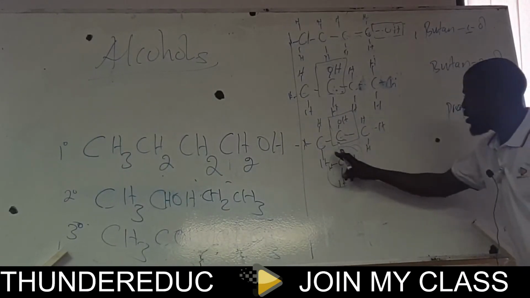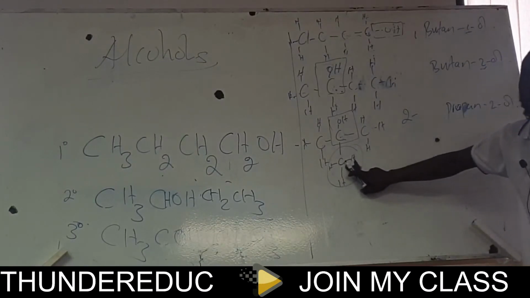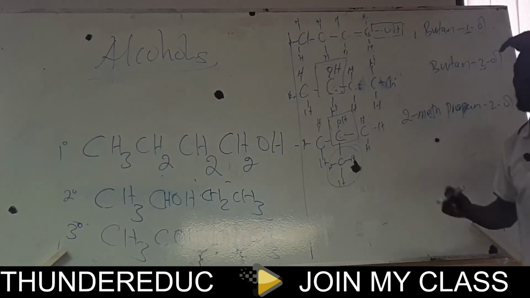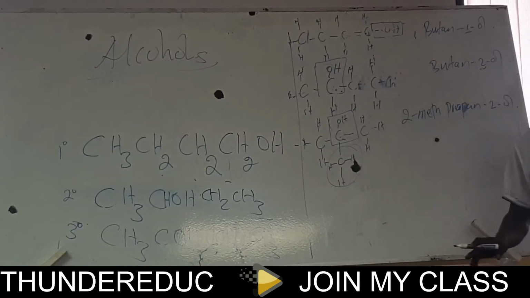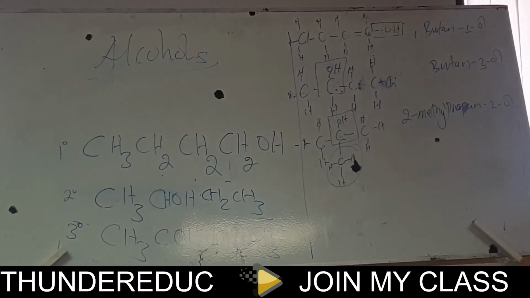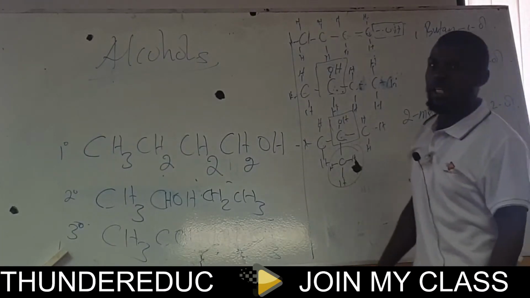It is on carbon 2, and it has 1 carbon atom, which is meth. When it is a side group, we add YL, so it becomes 2-methyl. So it is 2-methylpropan-2-ol. Is it clear?